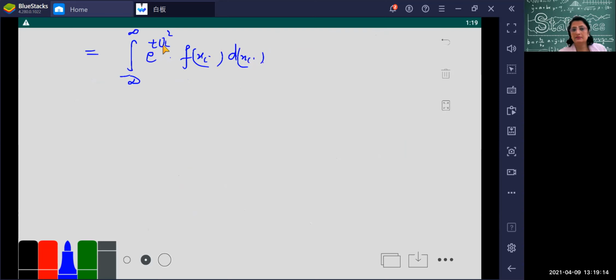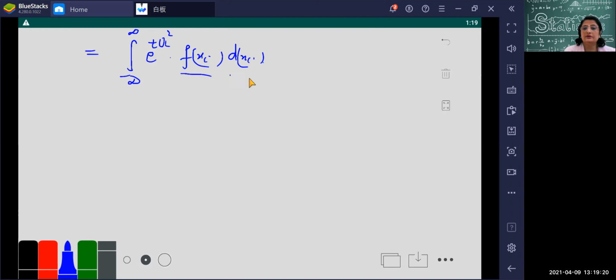This is equal to the integration from minus infinity to infinity of e raised to the power t ui square into f of xi into dxi. This is in the small form. When you write it in the integration, u will not remain capital. It will be in small form.